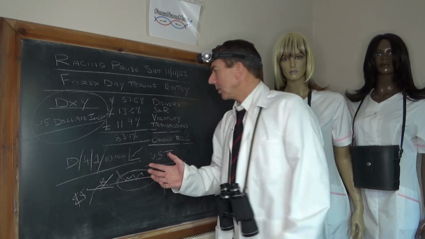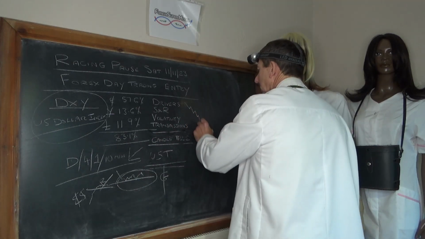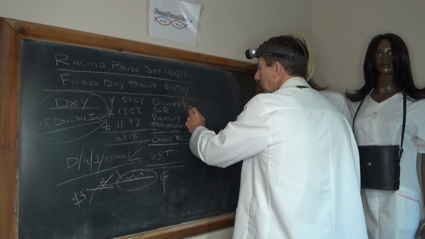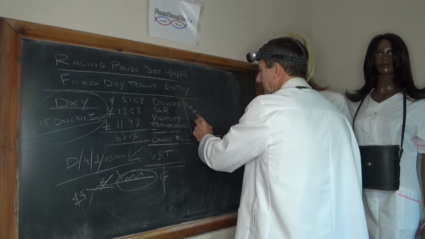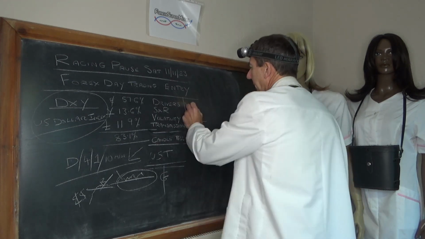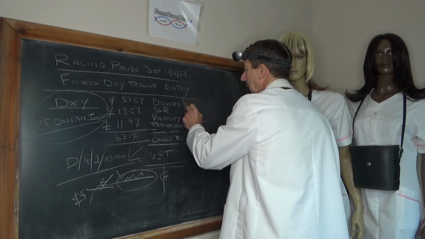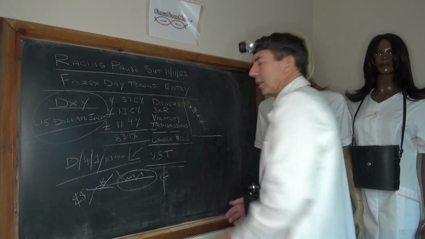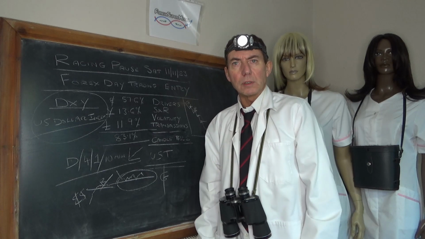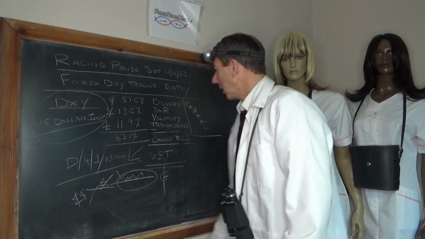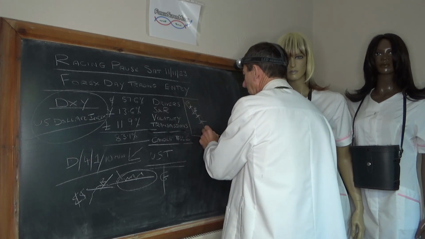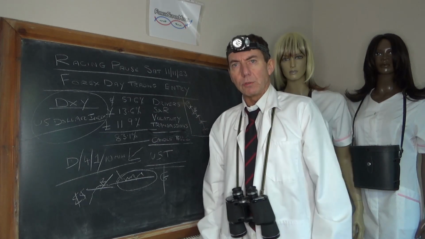So if you've got the dollar index dipping down like that, then what are these candles here? Are they green candles or are they red candles? The significance is very important there, and we'll talk about that tomorrow. And likewise, you can look at the floors here and so on, and that tells you what's going on.